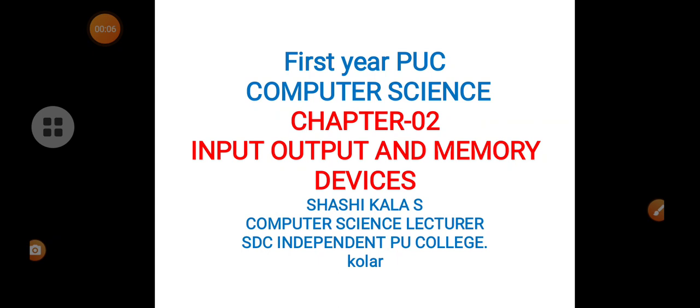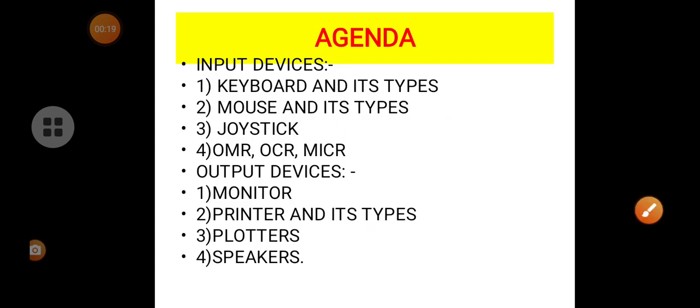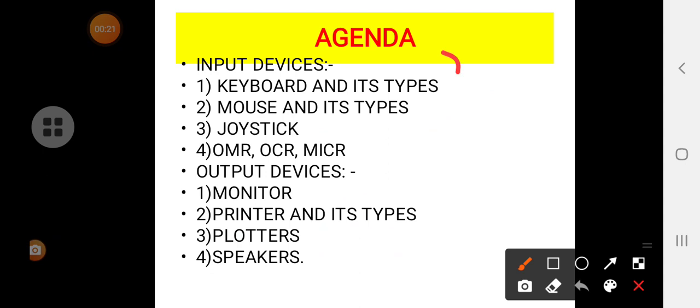In this session, I am going to continue the left out part of chapter 2, input, output, and memory devices. In the past three sessions, I discussed input devices: keyboard and its types, mouse and its types, joystick, and OMR, OCR, and MICR.